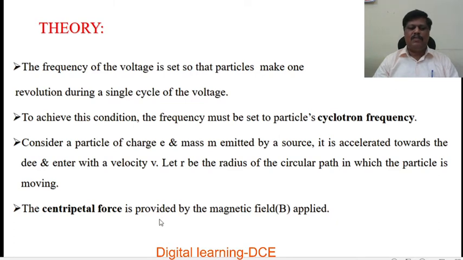The centripetal force is provided by the applied magnetic field B, and it is given by F equal to mv square by r, and this centripetal force is provided by the magnetic force, that is F equal to BeV sin theta. Here theta is 90 degrees, sin 90 is 1. So the magnetic force is given by BeV. So this magnetic force provides the necessary centripetal force.